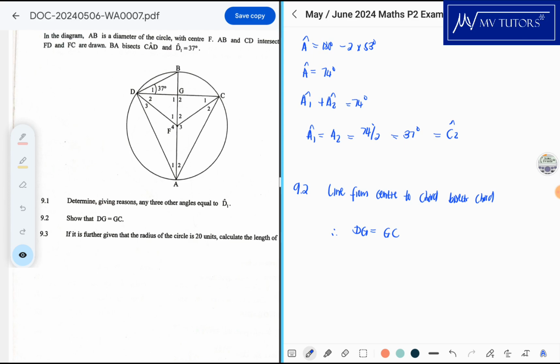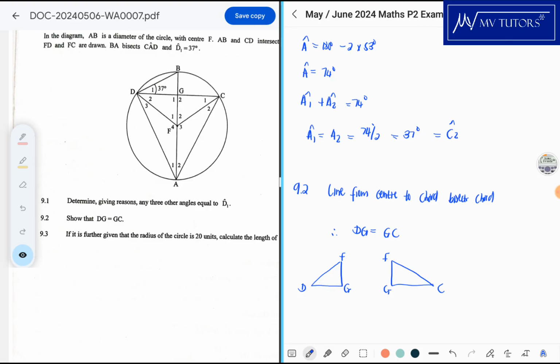So now that we have shown that, if I looked at triangle FGD and triangle FGC, I know that D2 is equal to C1. Do I know that?